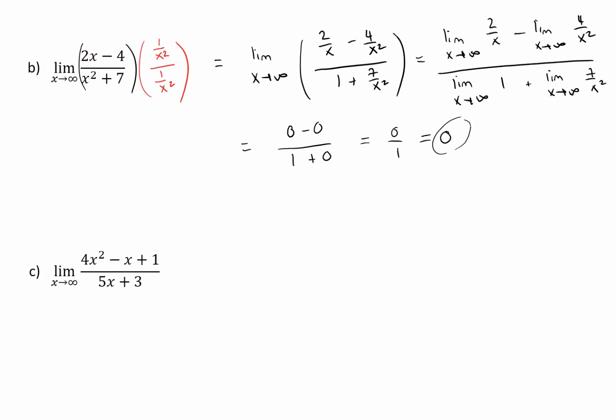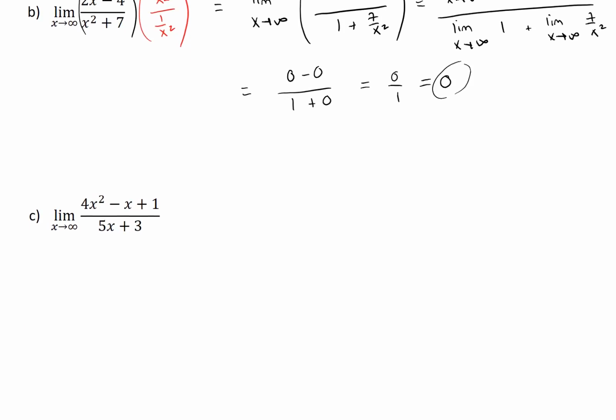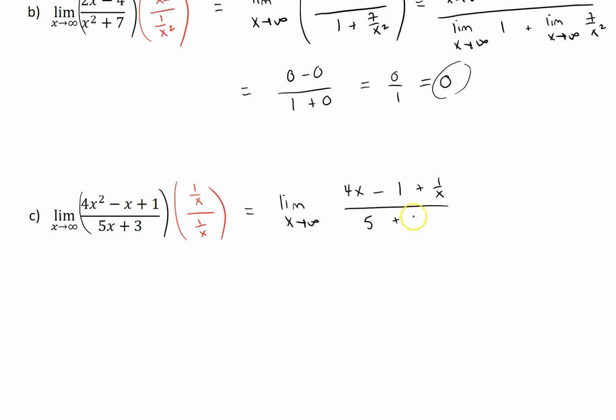And one more. Again, the degree of my denominator here is 1, so I'm going to multiply this one by 1 over x divided by 1 over x. So that will give me the limit as x approaches infinity of 4x minus 1 plus 1 over x divided by 5 plus 3 over x.